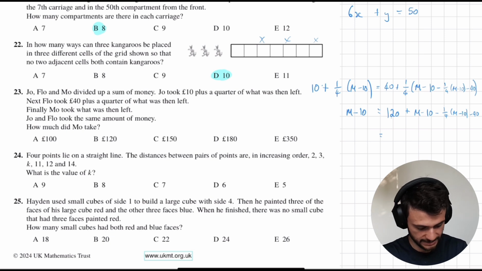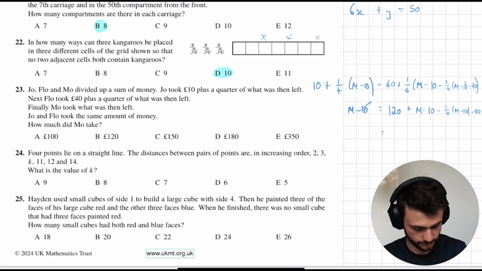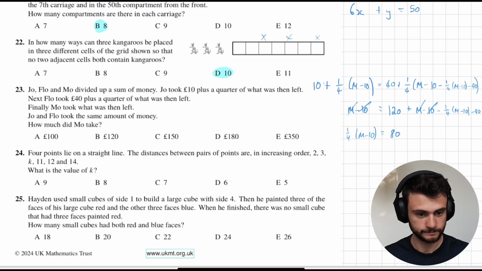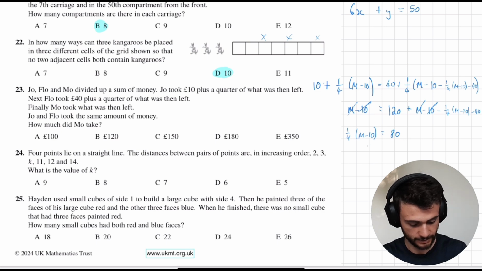So add 10 to get, so those two will just cancel. So 120 minus 40 is 80. And those M's will just cancel as well. So we end up getting a quarter M minus 10 is equal to 80. Times both those by 4 to get 320 and add 10. The original amount of money was 330.